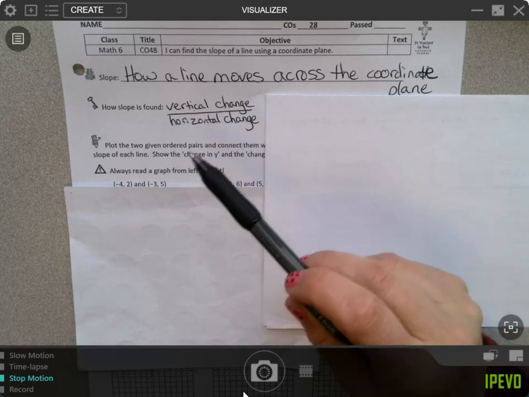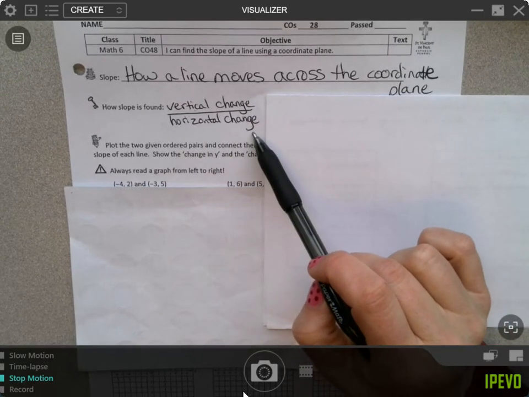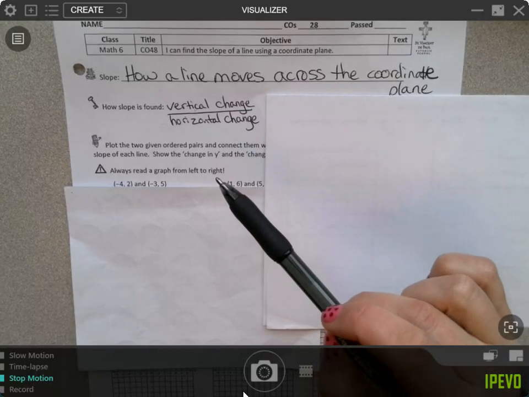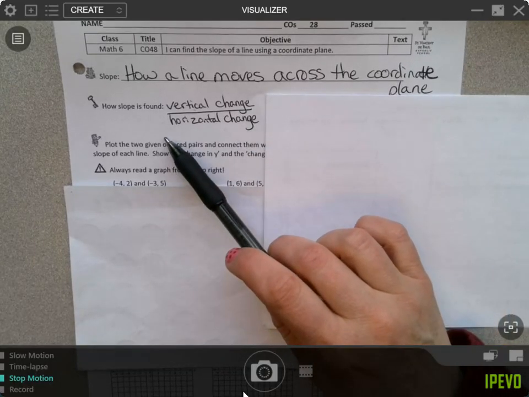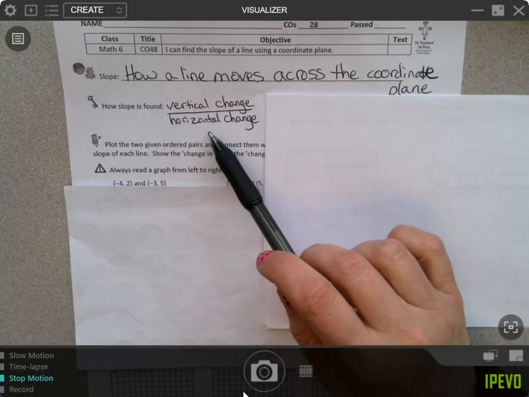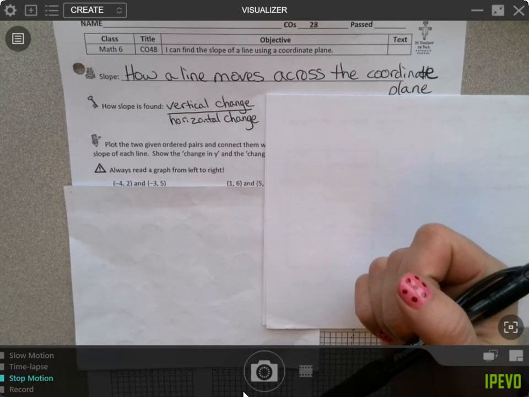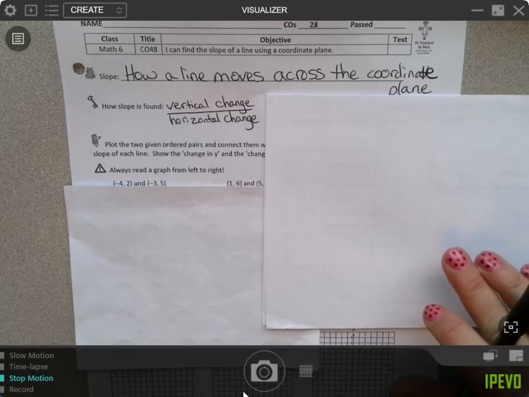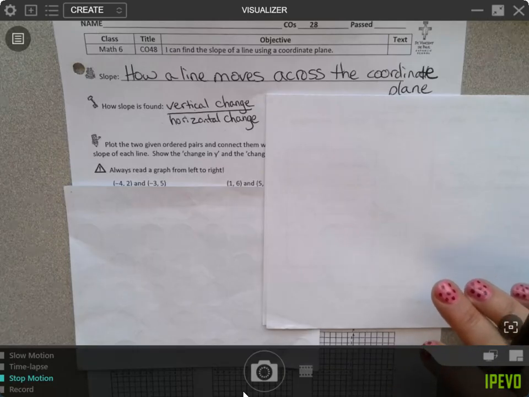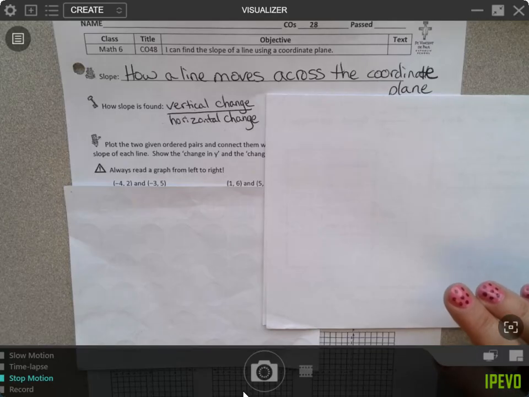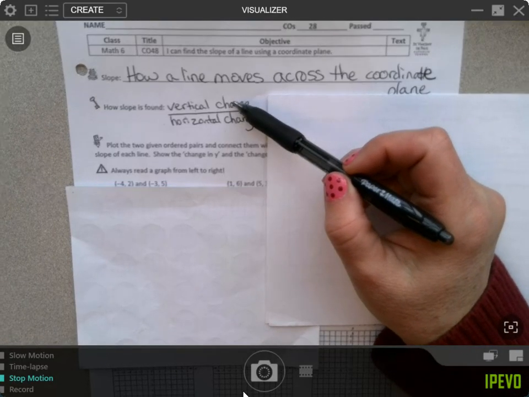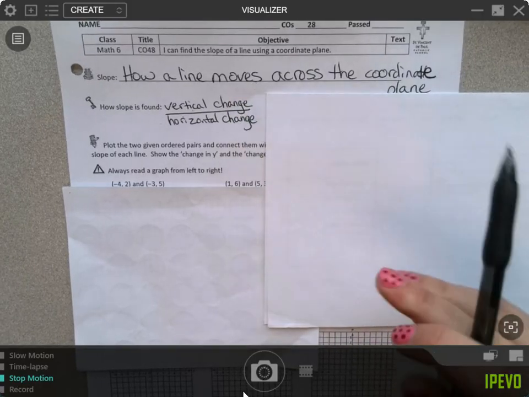Then on the bottom, it's the horizontal change. Horizontal means we are going across. So if we're starting at the left point, we count how many across to get to the second point. And I'll be showing us how this works. So one way of thinking of it is that vertical change up and down, the horizontal change over to the right. Vertical up and down always goes on top. That horizontal always goes on bottom.